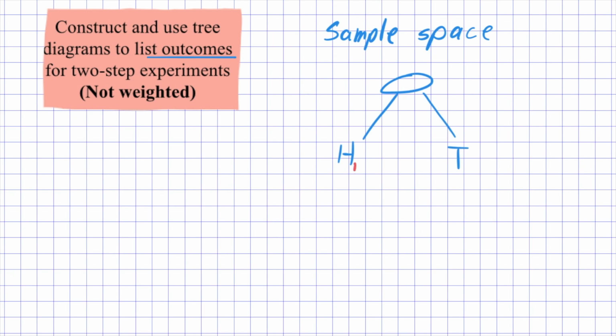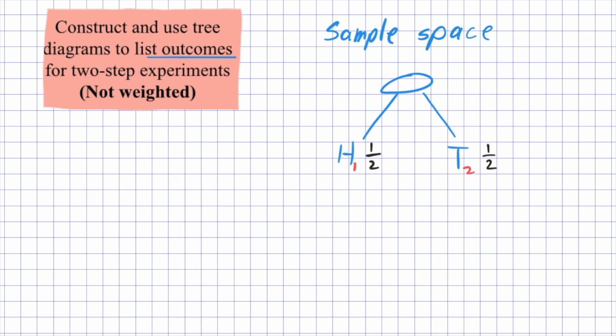There's only two tracks as we go. So we know that our probability of getting a head is going to be one chance out of two. Our probability of getting a tail on that first flip is also one chance out of two. We're considering a standard coin. It's not influenced at all.